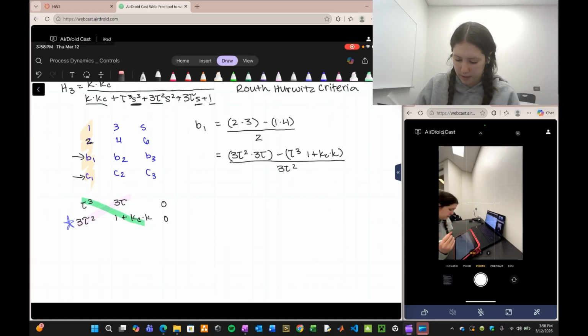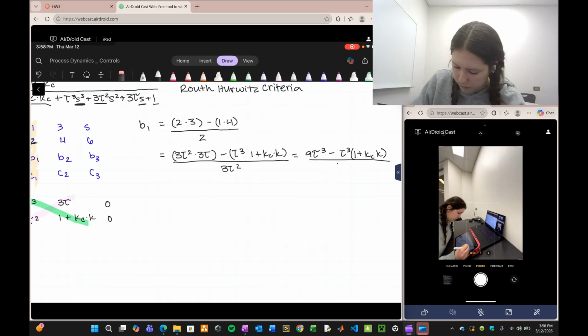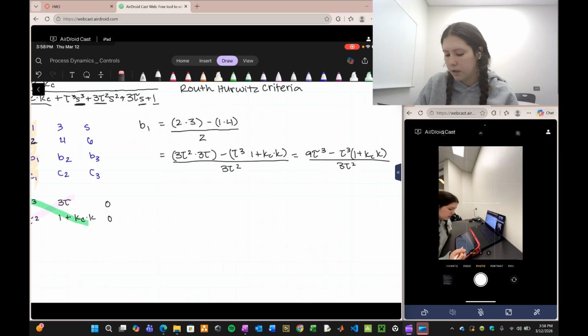So if we simplify this out a little bit, we will get 9 tau cubed minus, I'm not going to factor that out because I think it'll be simpler in a minute, over 3 tau squared. So we can factor out a tau squared.